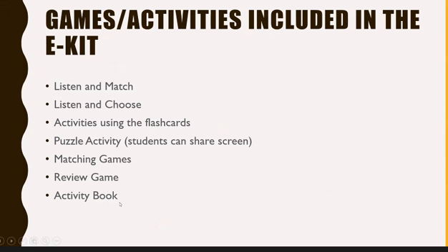Kind of what I talked about with the annotation function, using the activity book. What I mean by that. So there's different things here. So can you find the two differences in these two pictures? Can you tell me what's different?